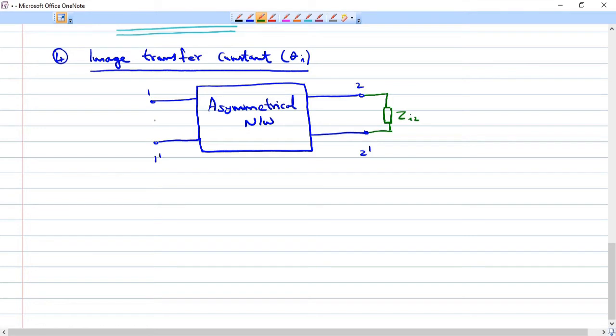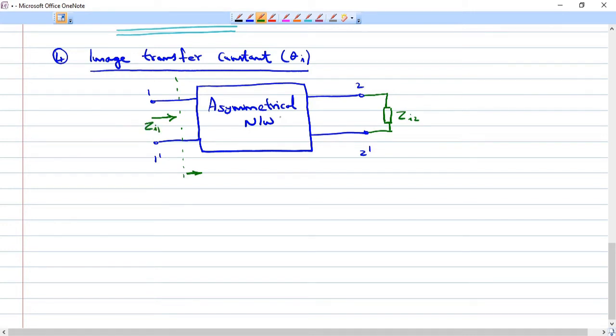What is the impedance that we see from the input port? The total impedance that we see is Zi2 attached to this asymmetrical network. As per the definition of image impedance, this impedance should be equal to Zi1.